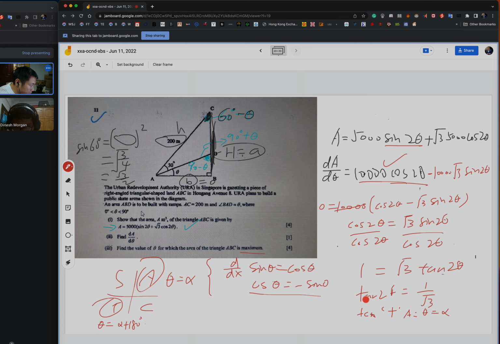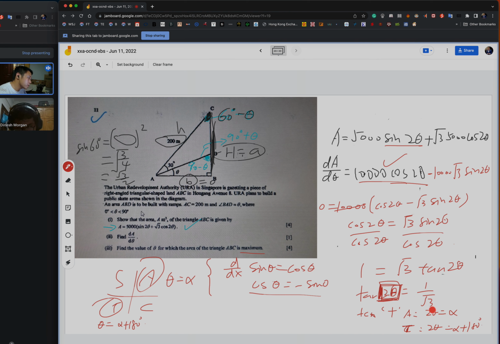But here it's not theta, it's 2 theta, by the way. So you need to write 2 theta equals to alpha. Actually, sorry, I will just do this. So 2 theta is equal to alpha plus 180.